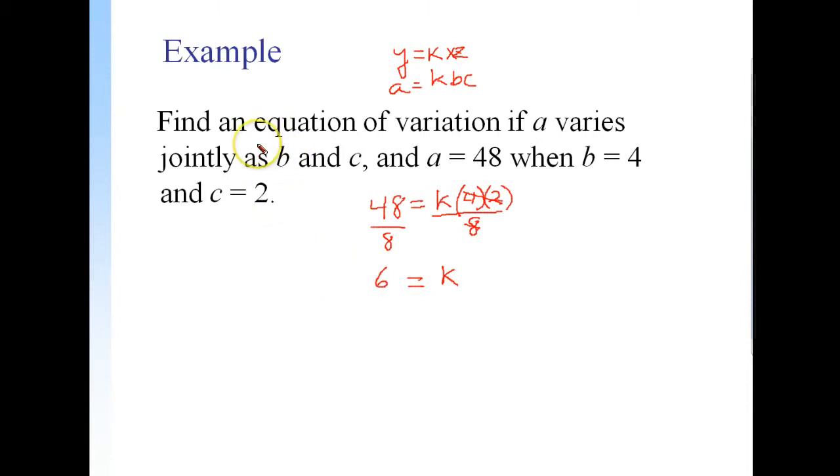So we want to know what is the equation of variation. Well, if we use our new letters, it's going to be A equals 6 now. We've determined that from our information, BC.